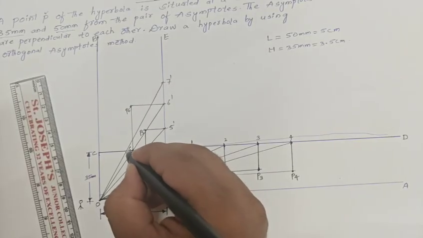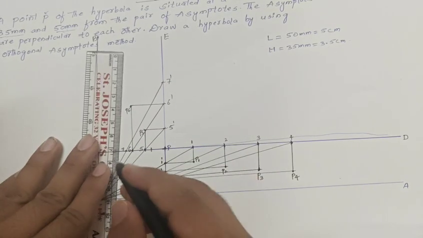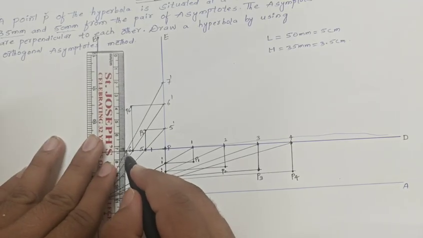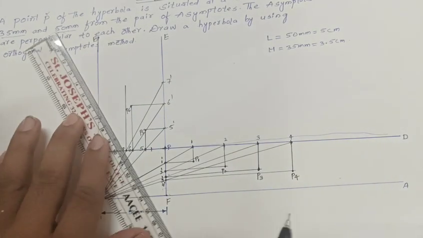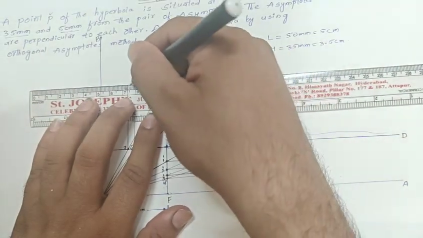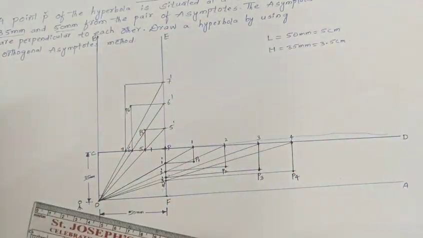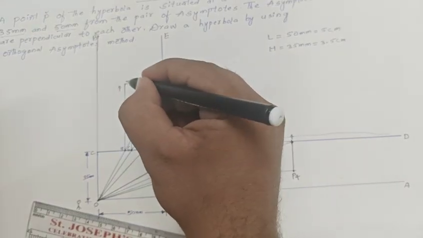Again, projections fall on the horizontal surface. So what we can say here? 7. Draw the vertical line. Meanwhile, draw the horizontal line. Clear? So this point, what we can say? We can say P7.